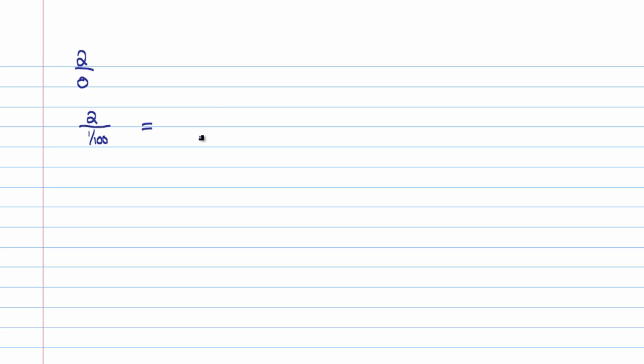If you look at this number when I write it out, that means 2 divided by 1 over 100. Remember, I could change the division to multiplication. So that's 2 times 100 over 1, right? You change it to multiplication by taking the reciprocal of the second fraction. And this number becomes 200. So 2 over that very small number is the same as 200. Well, this doesn't convince you of anything yet, but let's suppose that number on the denominator was 1/1 millionth.